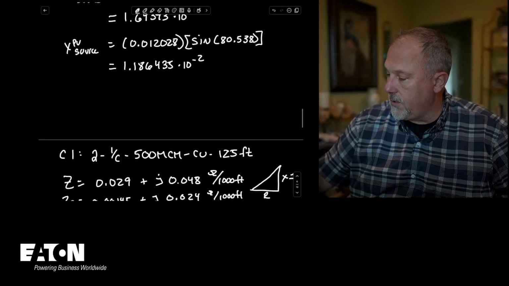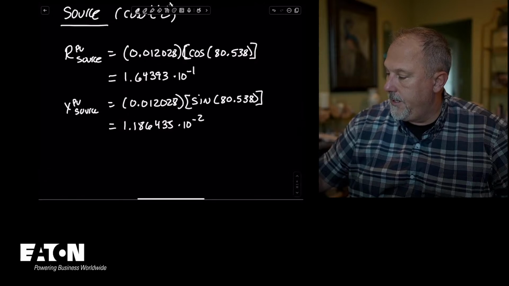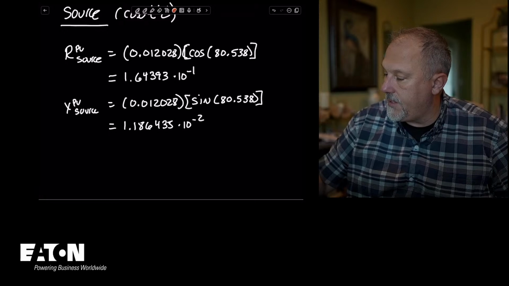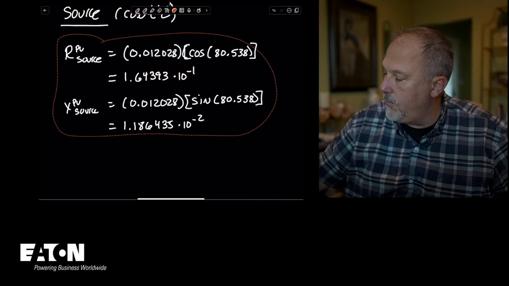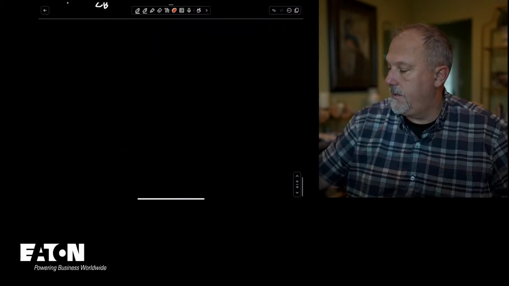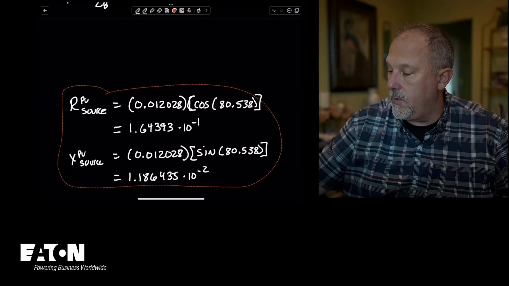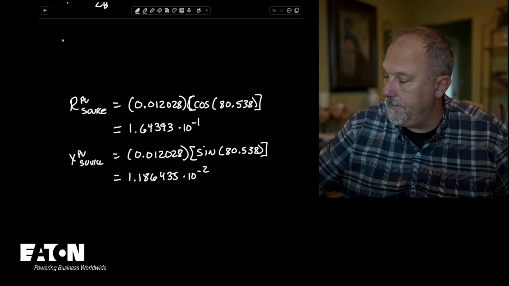So let's do my source. Here is my resistance, and let's grab this. Copy. Paste. So I'm going to make a table. I am going to say item.